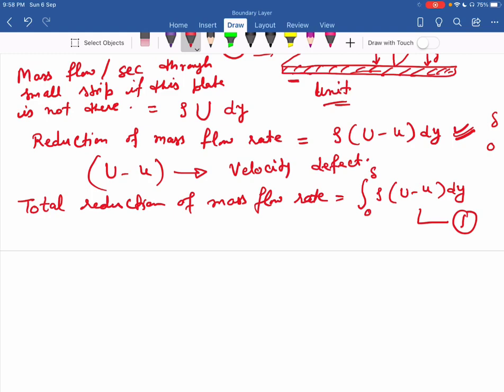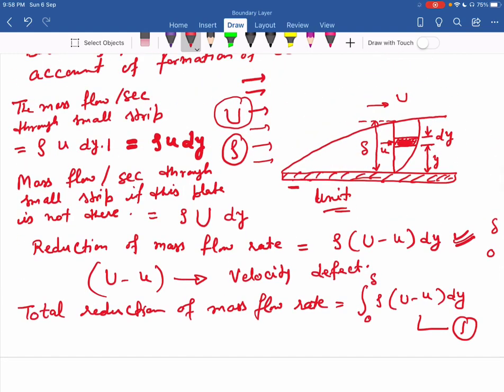Let us consider a situation now. We have this plate, and liquid is flowing above it. Now I displace this plate in the upward direction by a distance delta star.